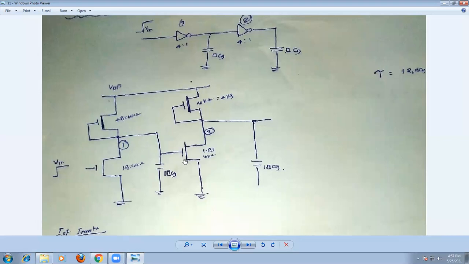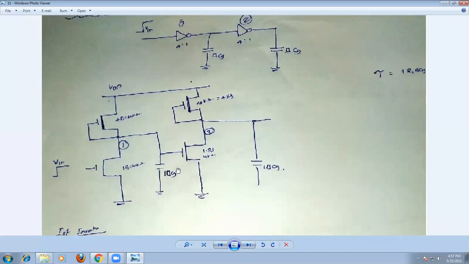So the capacitance value is 1 square Cg, because the output is given to only one transistor, not to more than one.